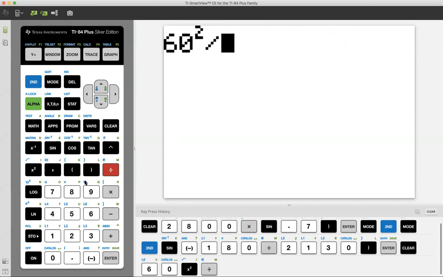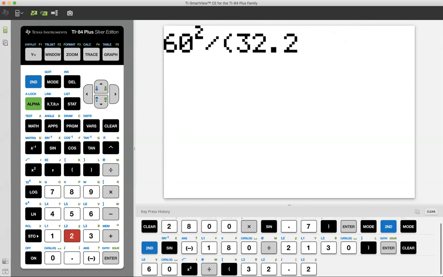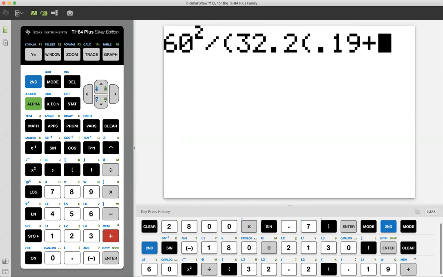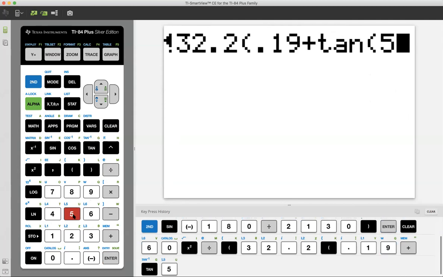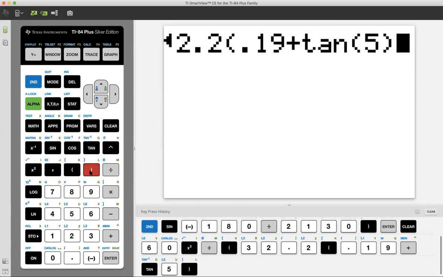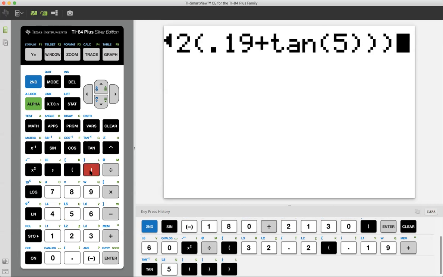Divided by, and then I'm going to open a parenthesis for the entire denominator. I'm just typing it in how I wrote it down on the handout. 32.2, new open parenthesis, 0.19 plus tangent, which gives me a parenthesis itself, 5. So there are 3 open parentheses, and I've got to close 3 parentheses. 1, 2, 3. That should do it, and hit enter.